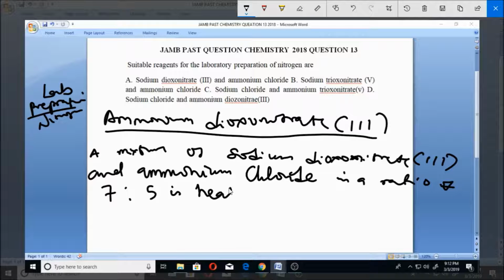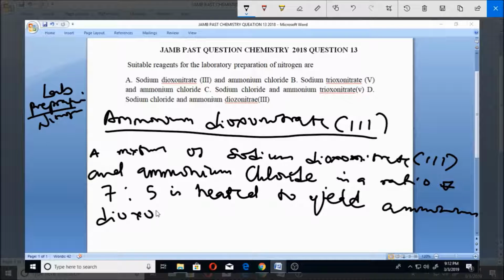The mixture is heated, and when you heat this mixture, you will yield ammonium dioxynitrate 3.